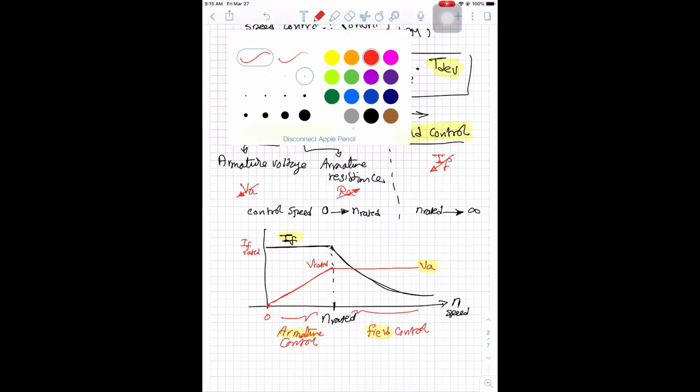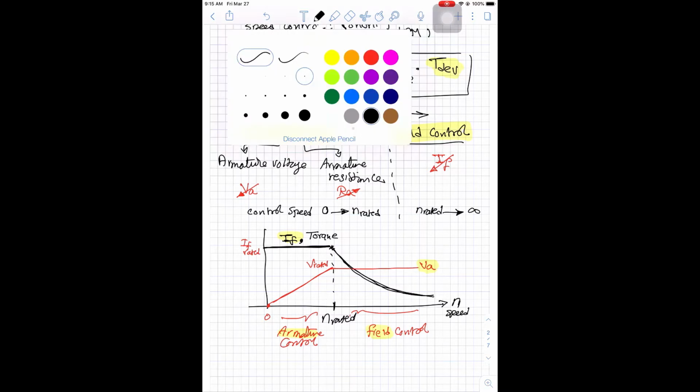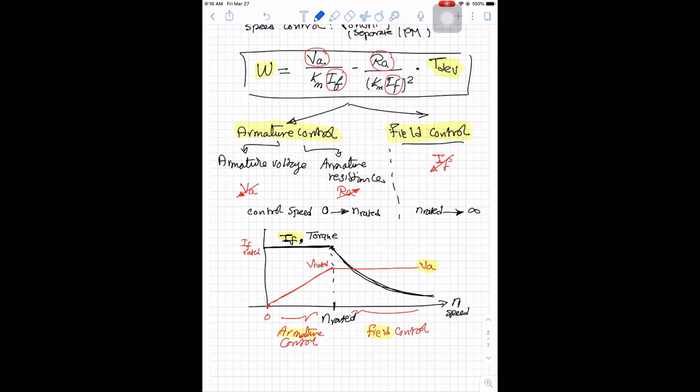The curve for the field is the same as the curve for the torque. When we do armature control, the torque will be constant, and when we start to do field control, the torque will decay, but we are getting higher speed. If we need to sketch the power of the machine, the power is torque multiplied by speed.